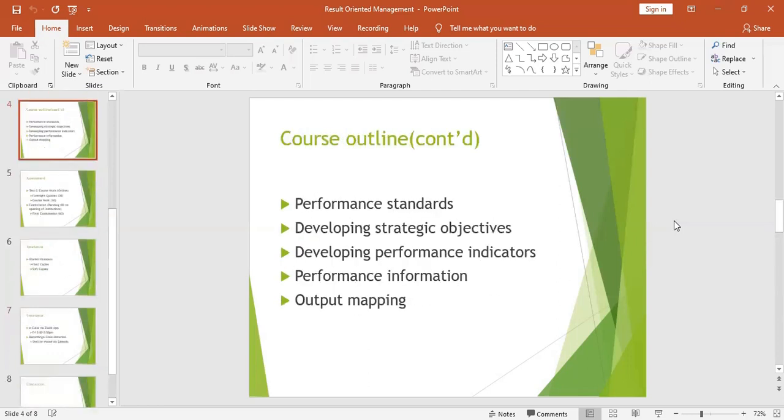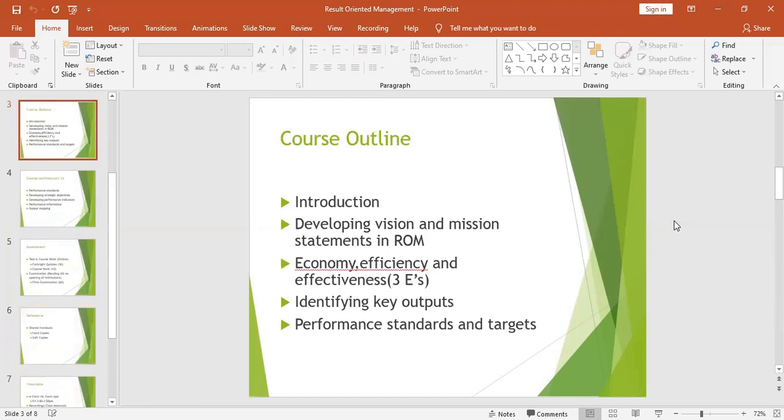So, ladies and gentlemen, let us go back to the introduction about what ROM is, and then we look at the benefits. The introduction also covers other topics: benefits, challenges, solutions, and the systematic process of introducing result-oriented management.